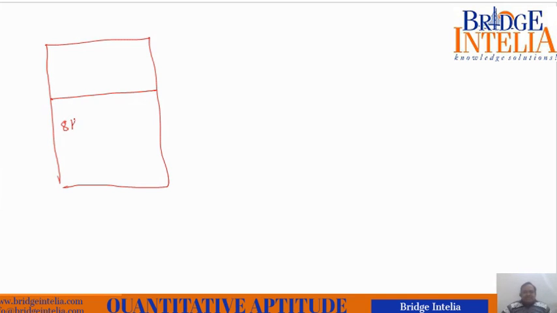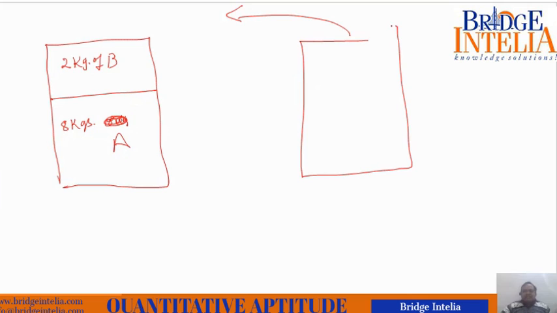So 8 kgs of A and 2 kgs of B. The second alloy has changed in this manner. So 8 kgs of B and 2 kgs of A.